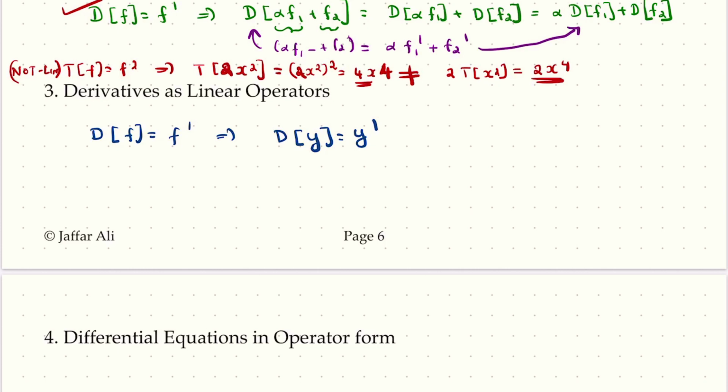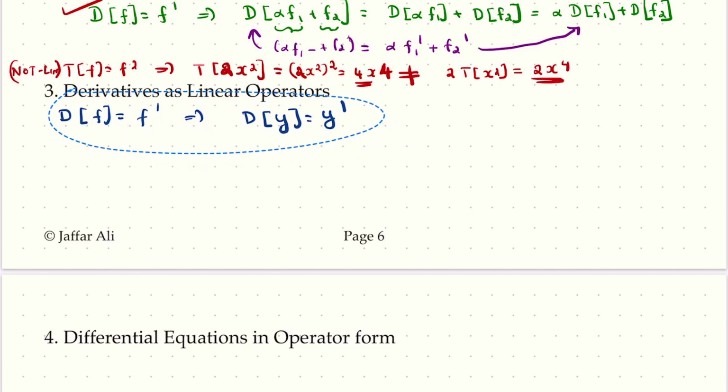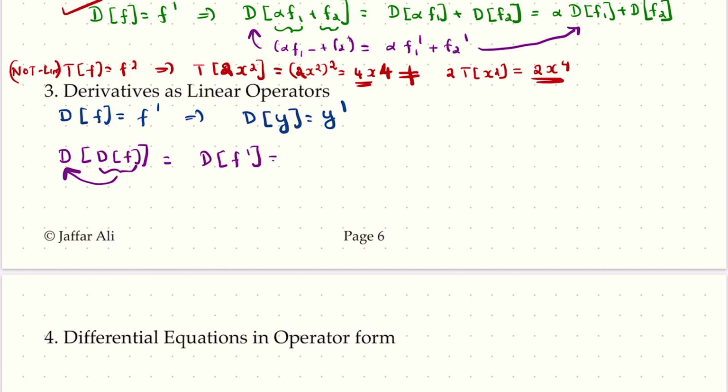The second derivative is D of D of f, because this is a function, I can feed that function to the operator. That's going to give me a function which is the derivative of f prime. The derivative of f prime is f double prime, right? In other words, D squared of y is going to be y double prime. That is also a linear operator, you can verify.